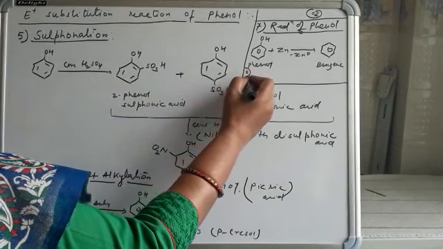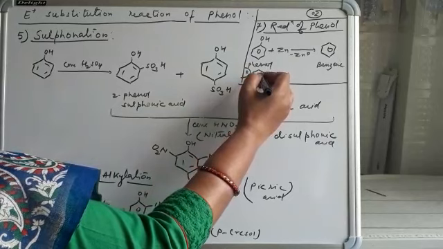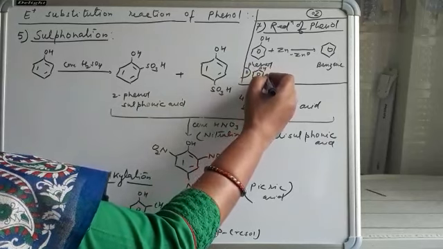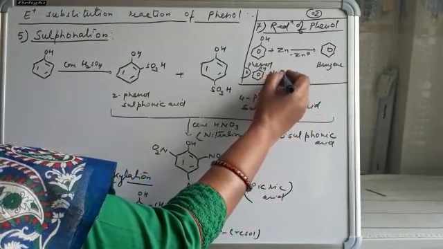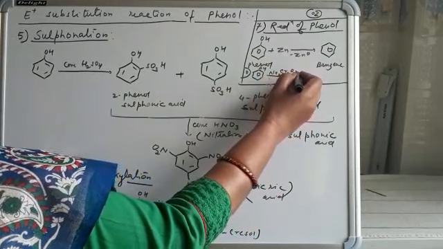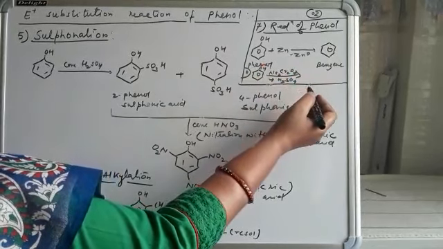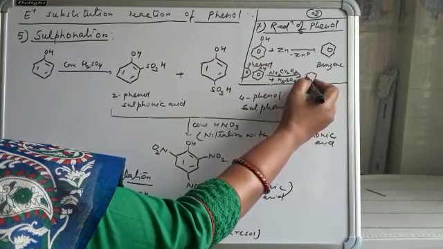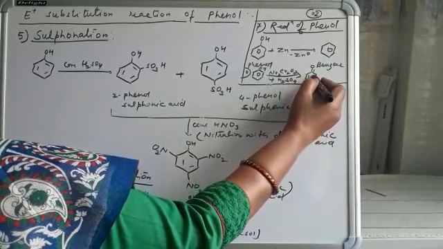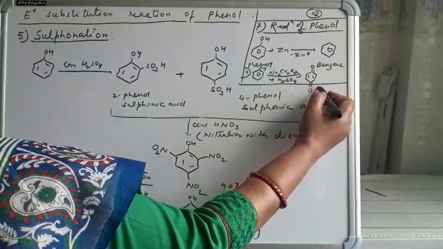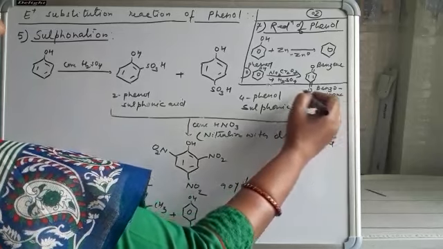And the last reaction, when phenol is treated with an oxidizing agent, Na2Cr2O7 in acidic medium, also known as Jones reagent, the formation of benzoquinone takes place.